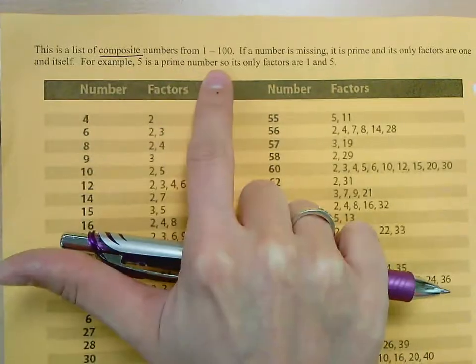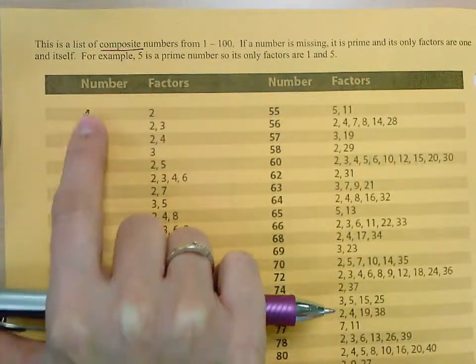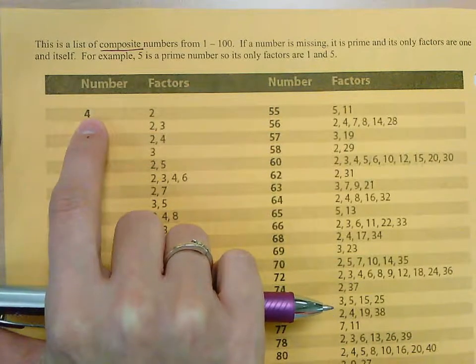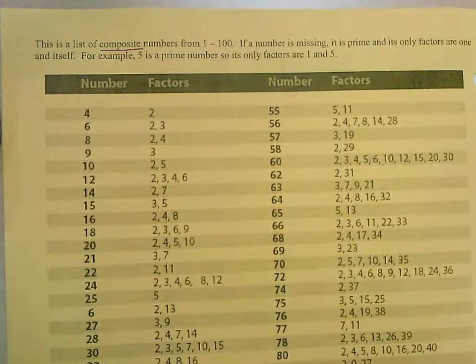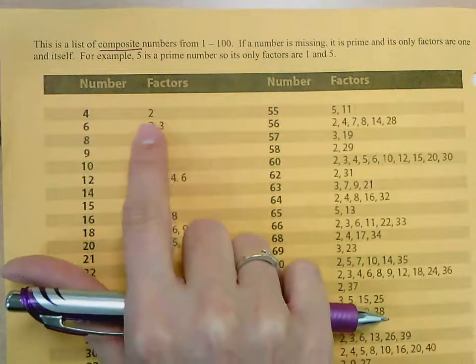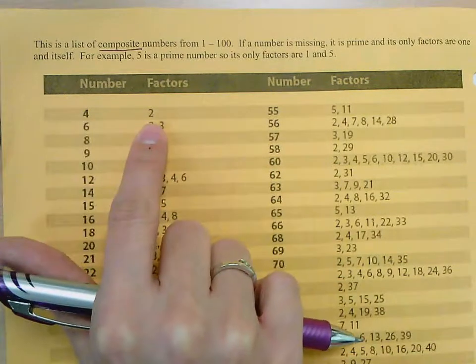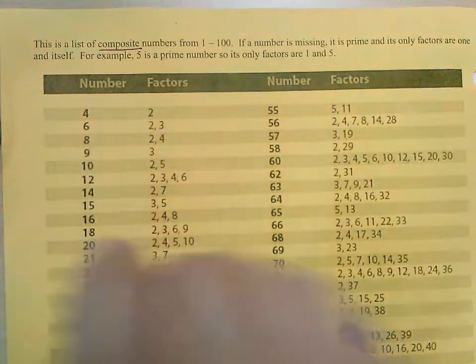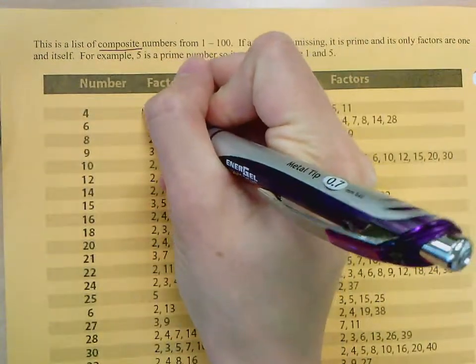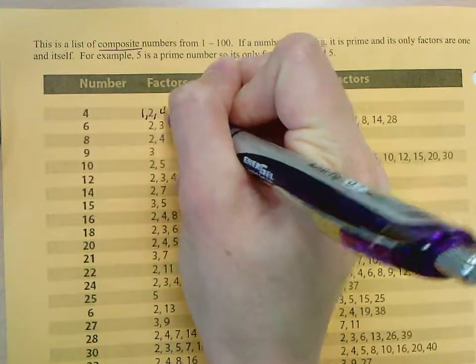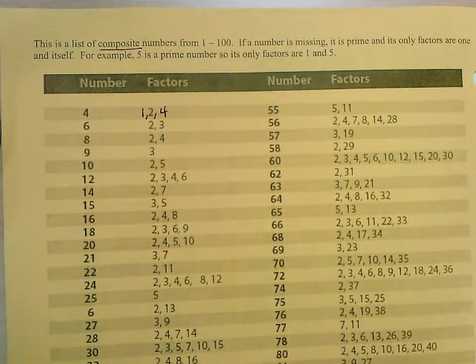So 5 is a prime number, so you don't see 5 listed here. It starts right at 4. You don't have 1, 2, 3 because those are just 1 times 1, 1 times 2, 1 times 3. And then in this list, like 4, the factor is 2 times 2. You also have 1 times 4 is also 4. So the 1 times the number, those aren't listed on here. Just know that they're still factors.